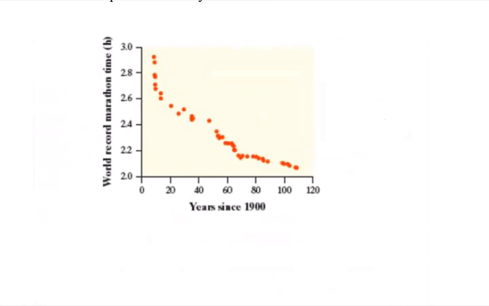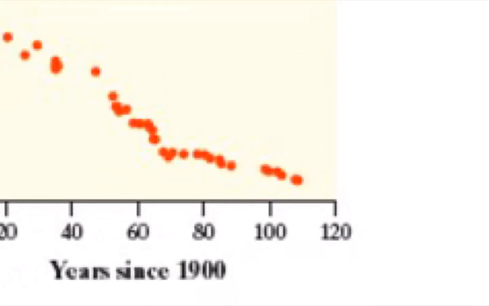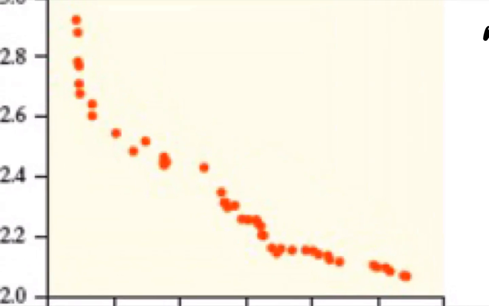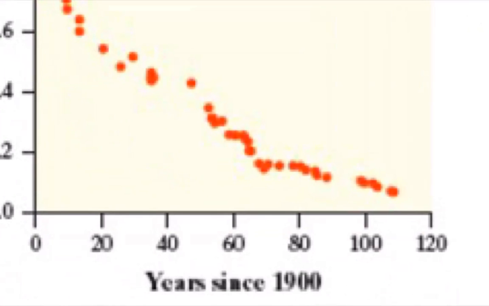So let's start with positive or negative. Okay, so here's the thing. If this was the data right there, I would say very strong, right? But it kind of curves up to the top. So strong would be a pretty straight line. If I had just that data right there, that's a pretty strong negative.